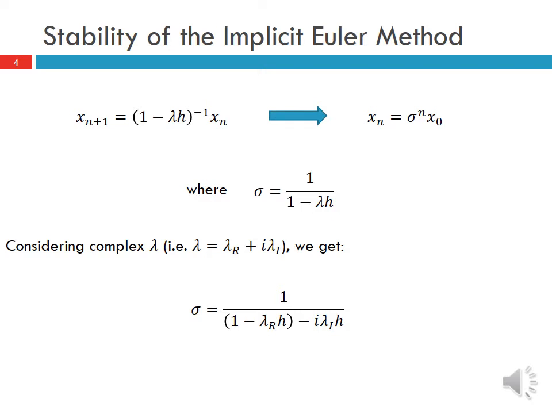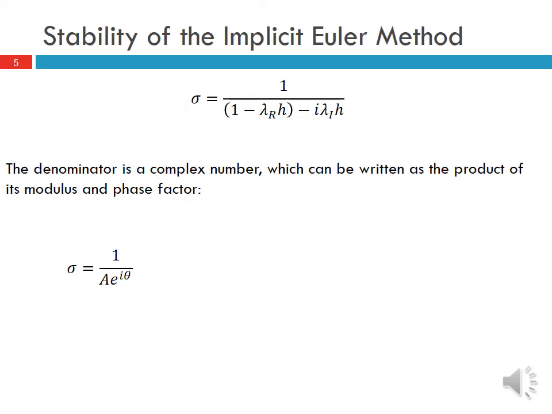And when we consider complex lambda, so lambda is equal to lambda_r plus i lambda_i, we get that sigma is equal to 1 over the real part, 1 minus lambda_r h, minus the imaginary part, i times lambda_i h. The denominator here is a complex number which can be written as the product of its modulus and a phase factor.